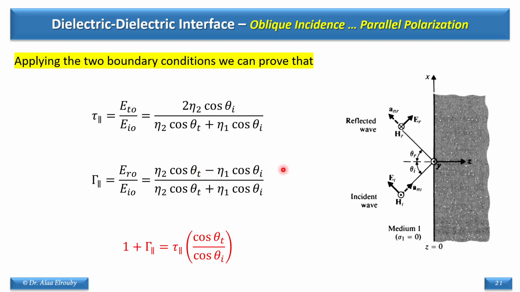Gamma for parallel has this expression, 1 plus gamma equal tau multiplied by cosine over cosine. So this is different than before, but we have the transmission and reflection coefficients for this case of oblique incidence with parallel polarization between two dielectric media.